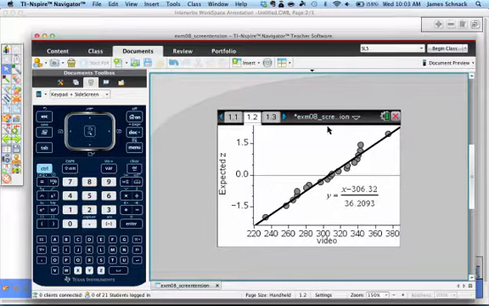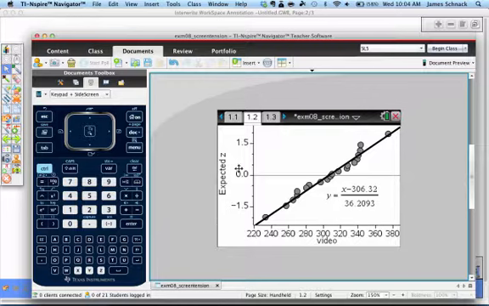If these dots made a nice curve like this, or it gave a parabolic shape, or it went up, down, up, down, up, down, if it wasn't linear overall, we wouldn't be able to say that this is normal.